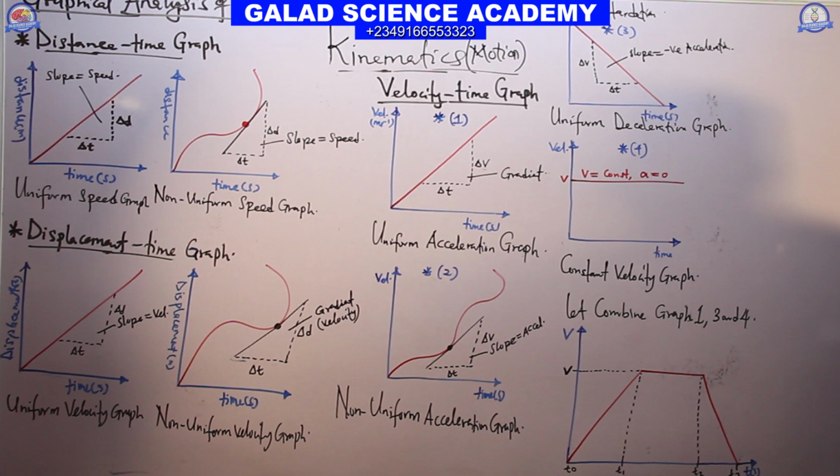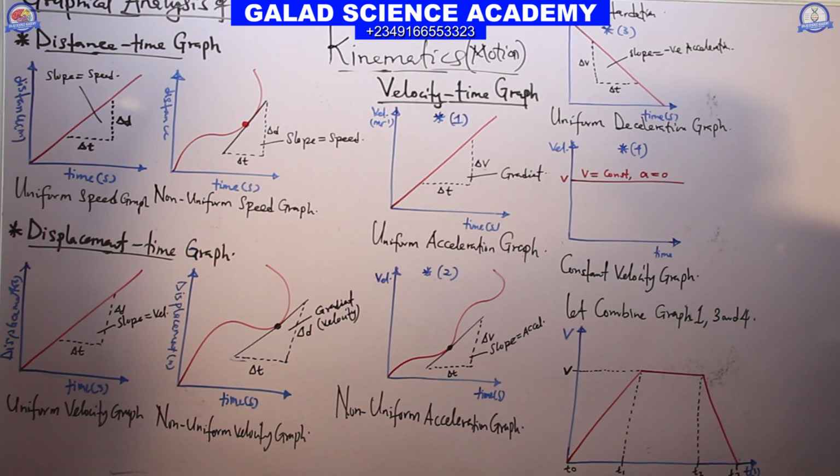So for this kind of graph, velocity is constant, and then acceleration is 0, because acceleration is the change in velocity with time. Here velocity is constant, it does not change.